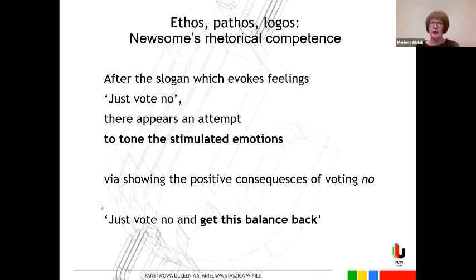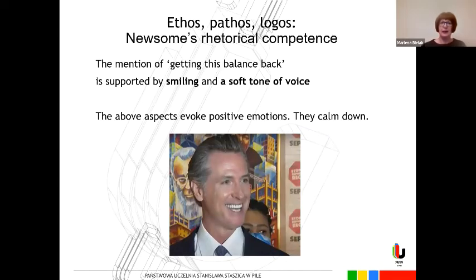After the slogan, which evokes feelings, that is to say, "Just vote no," there appears an attempt to tone down the stimulated emotions via showing the positive consequences of voting no. Just vote no and get this balance back. The mention of getting this balance back is supported by smiling and a soft tone of voice.